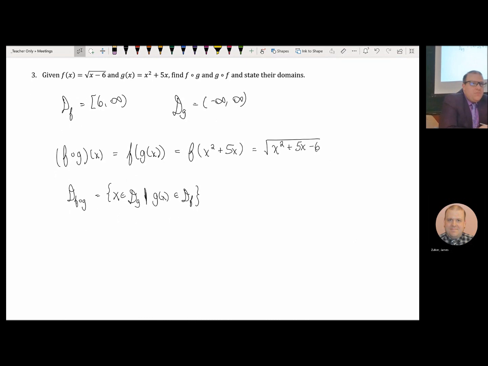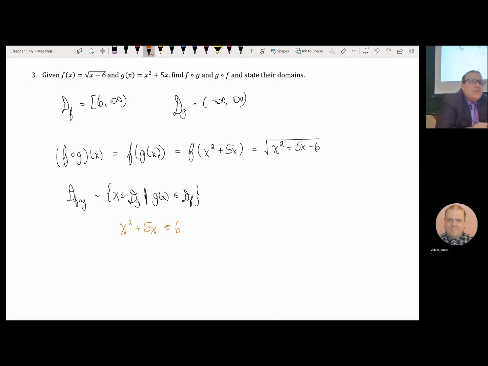But here's what we do. Take g of x. We want this to be in the domain of f. What's the domain of f? Which means, oops, not 2, greater than or equal to 6.